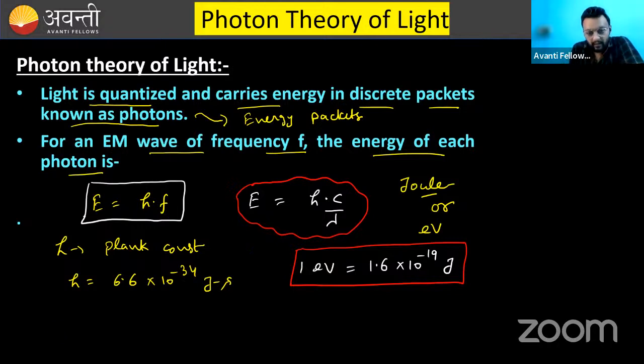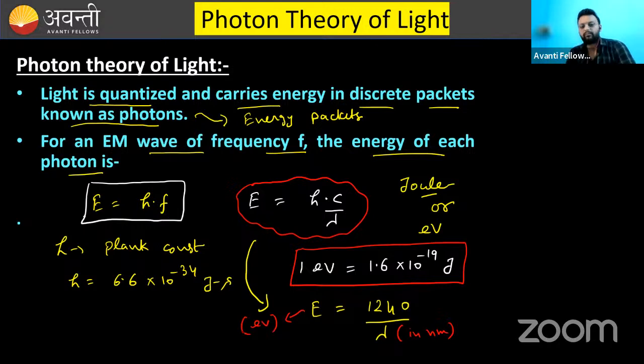So in that situation, use the relation E = 1240/λ, the product of h and c being 1240. Now, the most important part is that lambda you should place in nanometers and E will be in electron volt. Are you getting what I am saying? If you place lambda in nanometers, then energy will come out in electron volt if you put hc as 1240. This is how we generally calculate energy. Is it clear? Now, I will give you an example on the next slide.